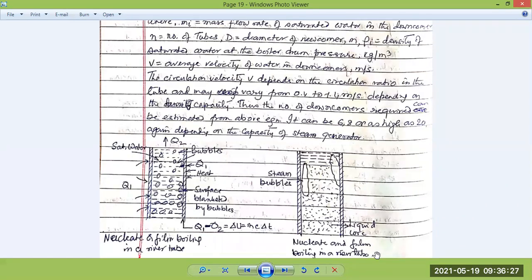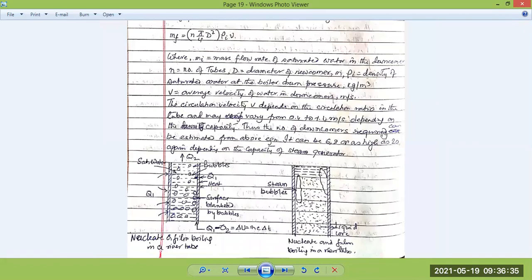The circulation velocity depends on the circulation ratio in the tube. Writing down again, MF is N, the number of tubes, times pi by 4 D square, where D is the diameter of the tube, times rho i, the density of the saturated water at the boiler drum pressure, times V, the average velocity of water in the downcomer, in meters per second.